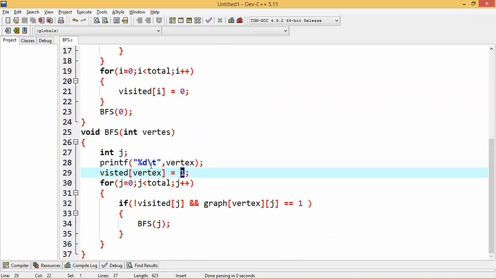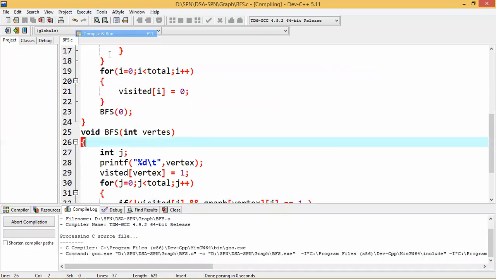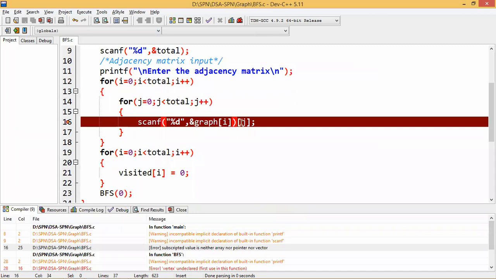So any vertex I print, its status will become 1. Then from that vertex, if anything is connected, I'll get the value 1, so I'll call BFS recursively for the new vertex. Simple. So the example we discussed earlier, let us find the solution.